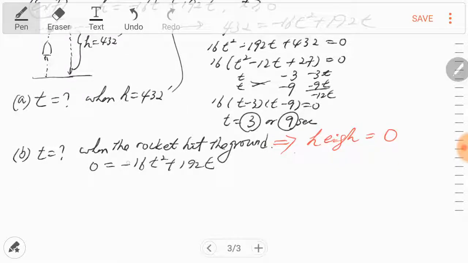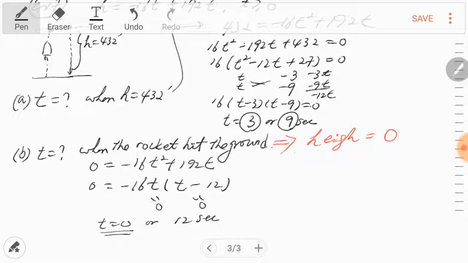You can factor out negative 16t, then t minus 12. So let negative 16t equal 0, and t minus 12 equal 0, so t equals 0 seconds or 12 seconds. Okay, 0 seconds is before launch, right? So not this one. So after launching, it takes 12 seconds for the rocket to get back to the ground.